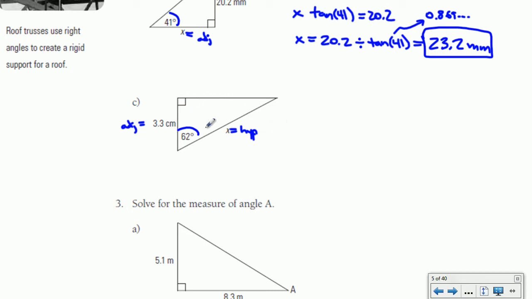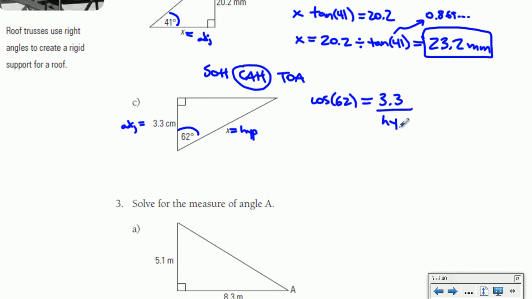Doesn't matter, we don't need it. So adjacent and hypotenuse. Which of the trig ratios uses adjacent and hypotenuse? It's going to be cosine. So we go cosine of the angle 62 equals adjacent 3.3 over hypotenuse, so I guess we can call it x.